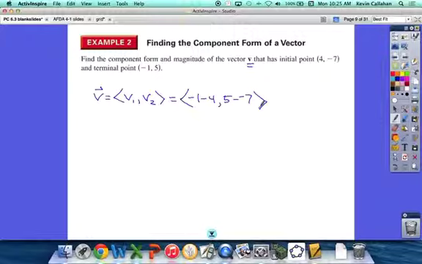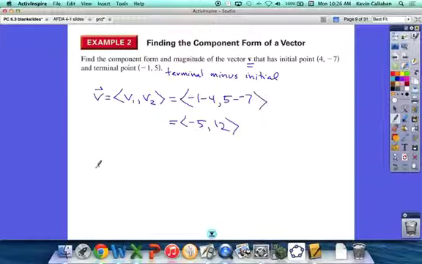Right? Going from the terminal point minus the initial point. Right. And so then you can simplify. So that'll be -5, +12. Okay, now that's the component form.